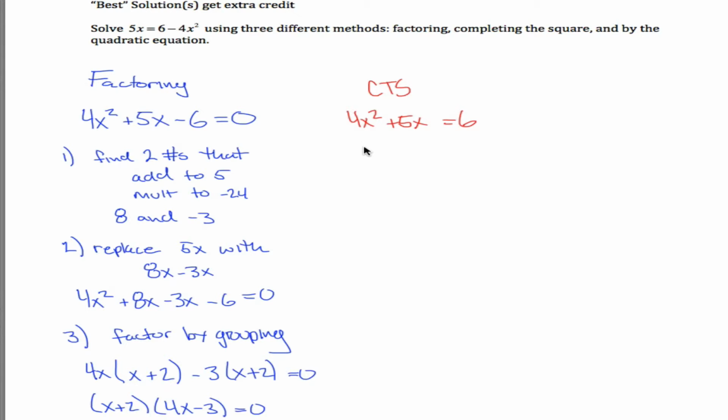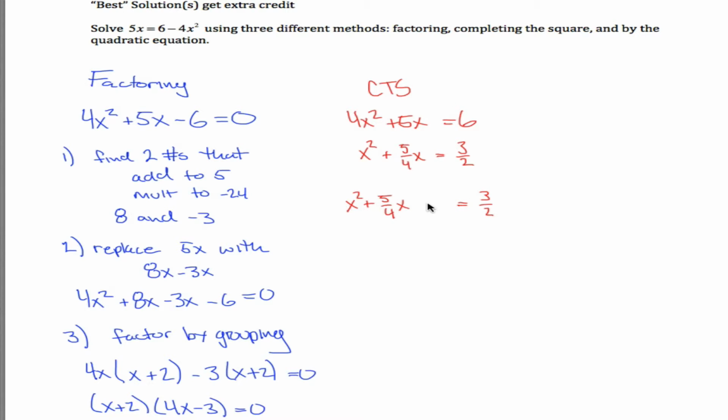You can divide both sides of the equation by 4 and get x squared plus 5/4 x equals 6 divided by 4, which is 3/2. I now have things in the right form to complete the square. There's some number that I can add to both sides of the equation that will leave me with a perfect square on the left-hand side.